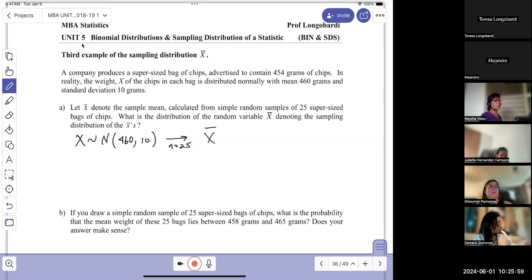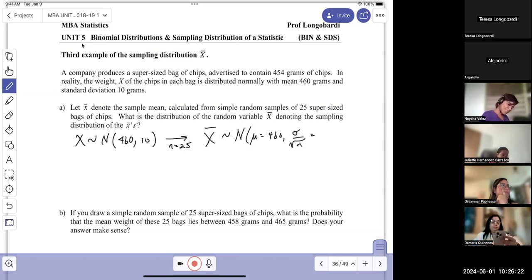Then the sample mean, so this is like the sample of 25 bags, comes from a distribution that is also normal with the same mean, but a standard deviation that's smaller. So you have to calculate it.